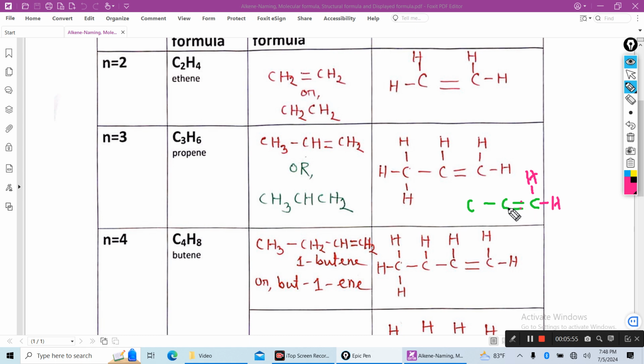The middle carbon has 1, 2, 3 valency fulfilled, so 1 hydrogen is needed to become 4, and the left hand carbon 1, 2, 3, 4. So this is the displayed formula of propene.